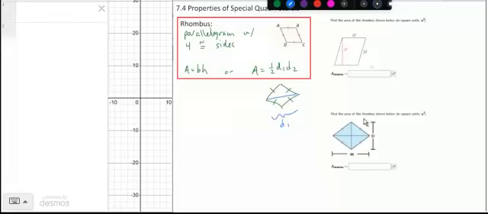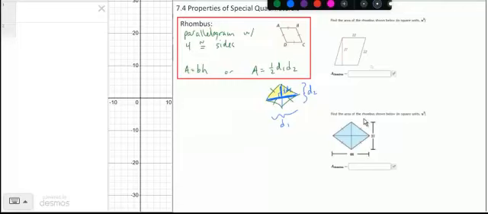If I call this second measure D2, what that means is, if we split this into 2 congruent triangles to form this rhombus, I can call this the base and this the height, and that height is half of my diagonal 2.